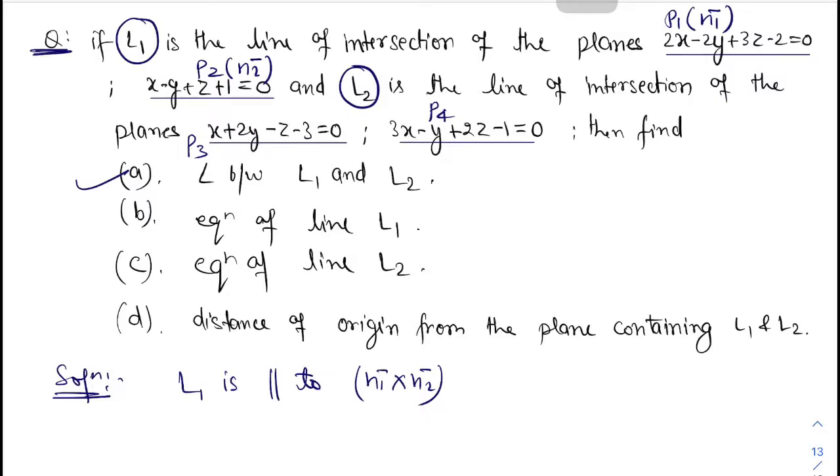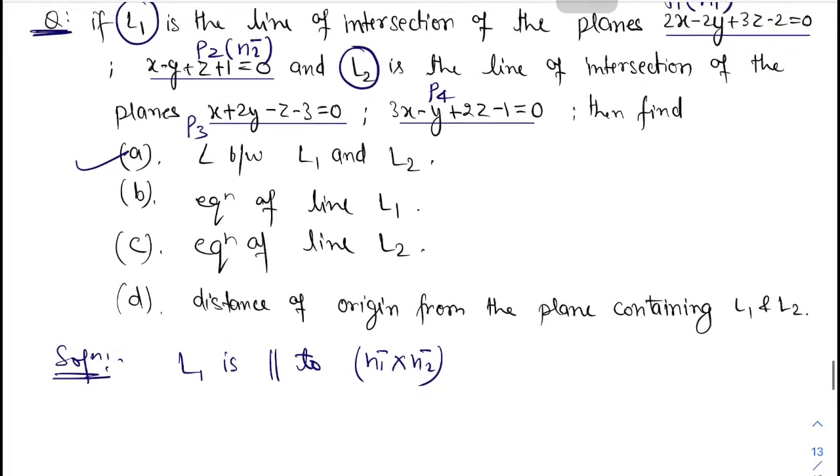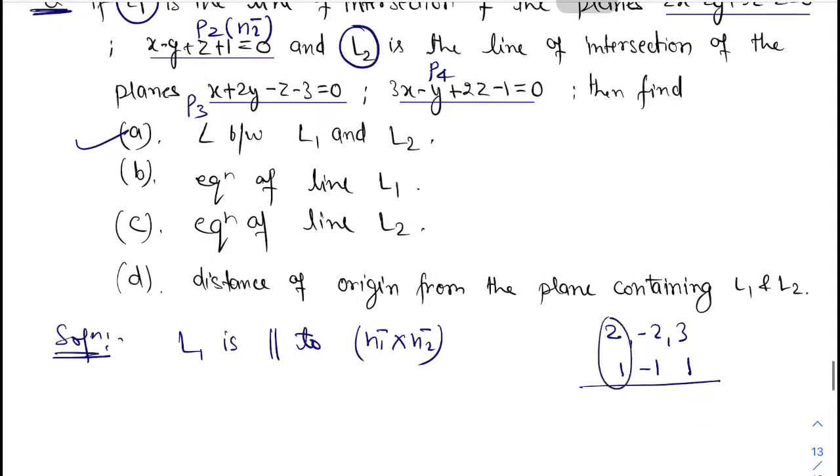What will be n1 cross n2? n1 is 2, minus 2, 3, and n2 is 1, minus 1, 1. The cross product of these two will be: we block the first column, 2 and 1, then it will be minus 2 plus 3, that is 1.